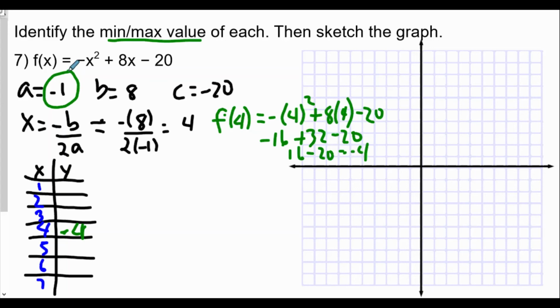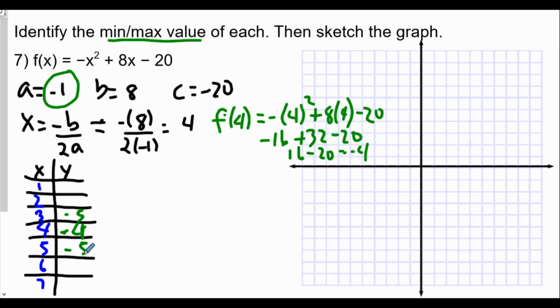If I plug in 3, -9 plus 24 is going to be 15. 15 minus 20 is going to be -5. So -5 here and -5 here. Plug in 2 squared. 2 squared is 4, -4, plus 8 times 2 is 16.